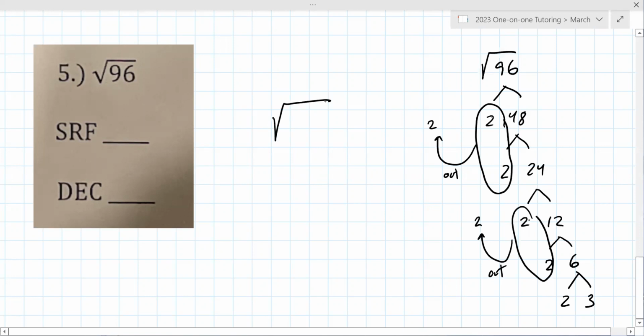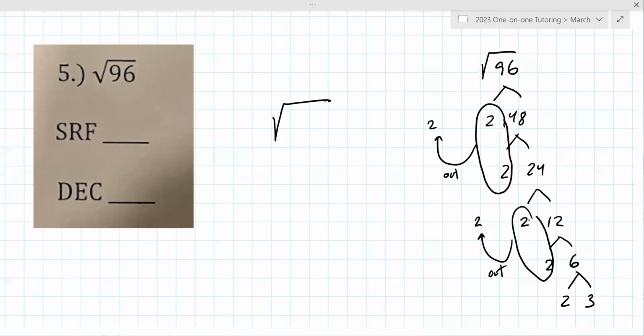So what comes out of the square root? The thing that comes out of the square root is still the same thing.